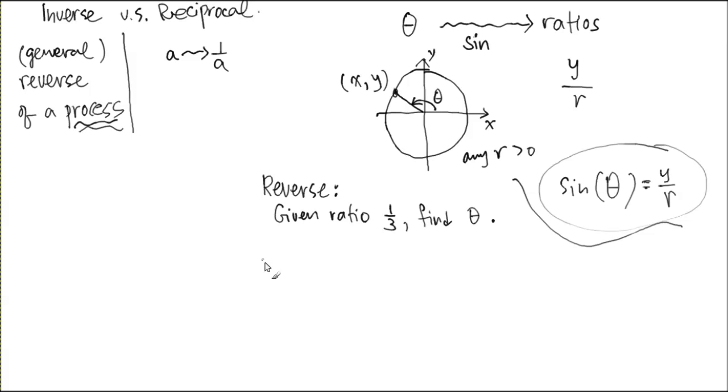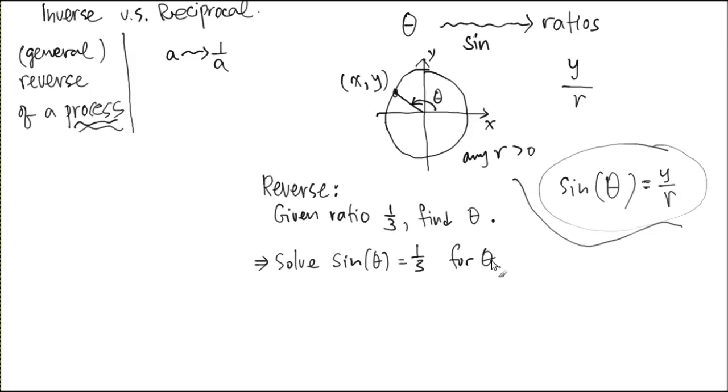All right. So here's the thing. First, what we're looking for is this angle, where this whole procedure gives y over r, right? So what this is really asking is: solve sine theta equals 1/3 for the angle theta. Isn't that a summary of this reverse process?